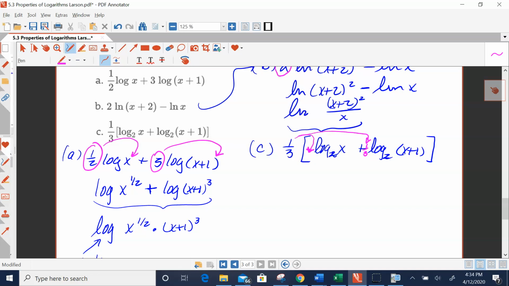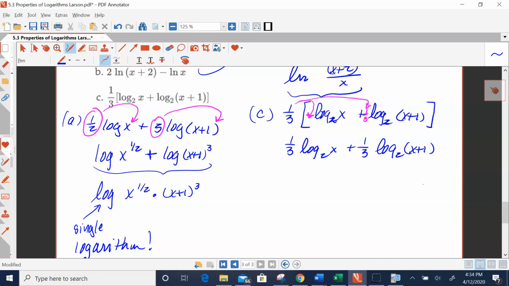Take that, distribute it inside to each logarithm, and it'll look like this. 1/3 log base 2 of x plus 1/3 log base 2 of x plus 1. So we distributed that 1/3.